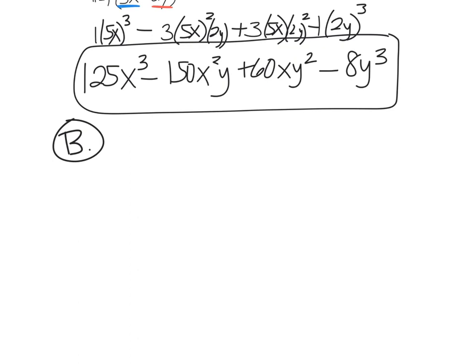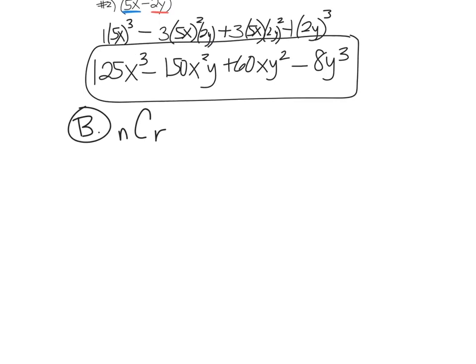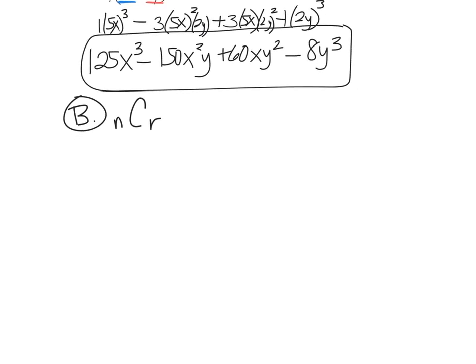Let's say you don't like Pascal or his triangle, and that's all right. You can also use nCr, which is what we did yesterday. So let's say that you have to do the 8th row or 9th row or something like that. Horrible, right? What you can do is this. Let's start off with a smaller row, though.